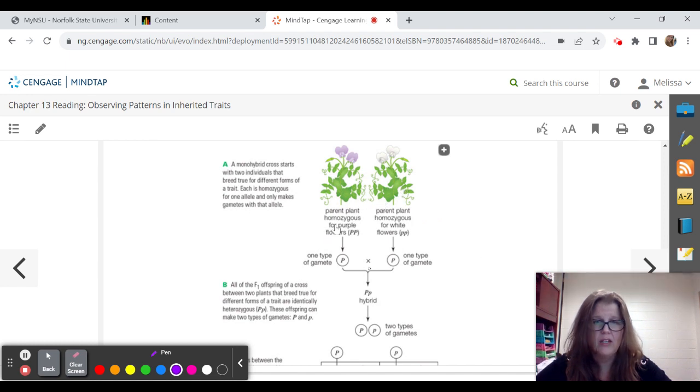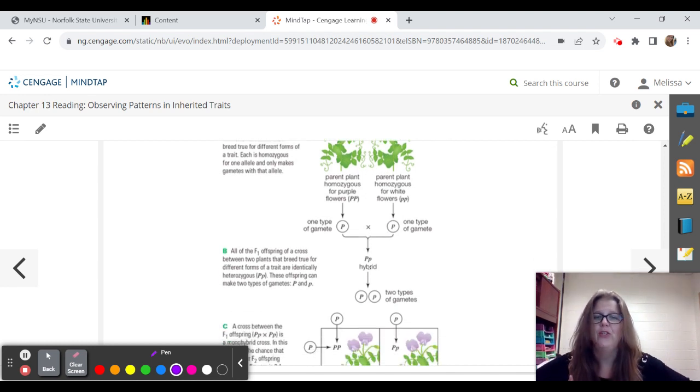If you have a homozygous purple and a homozygous white plant, the only thing the purple parent can give, since they have two copies of the dominant allele, is a dominant allele. Same thing for the homozygous white plant.